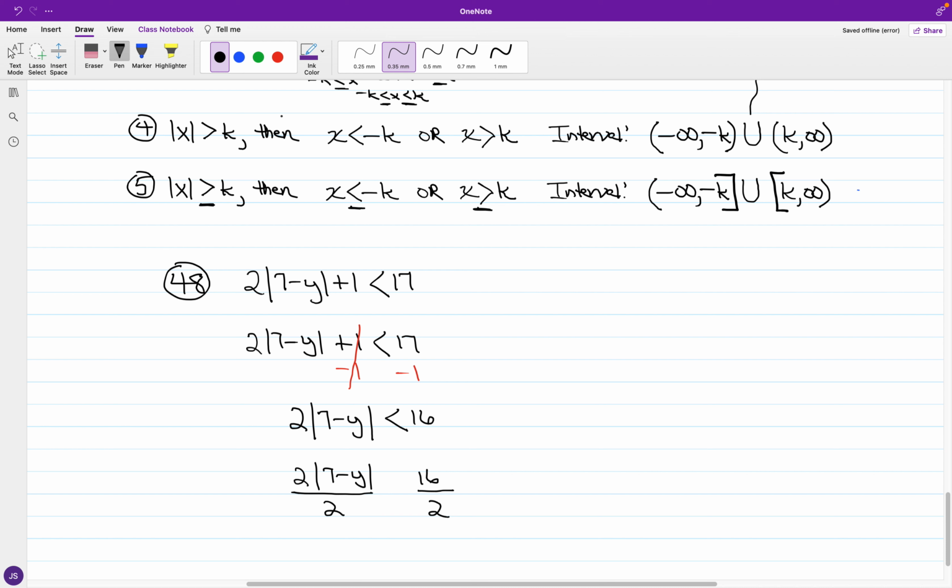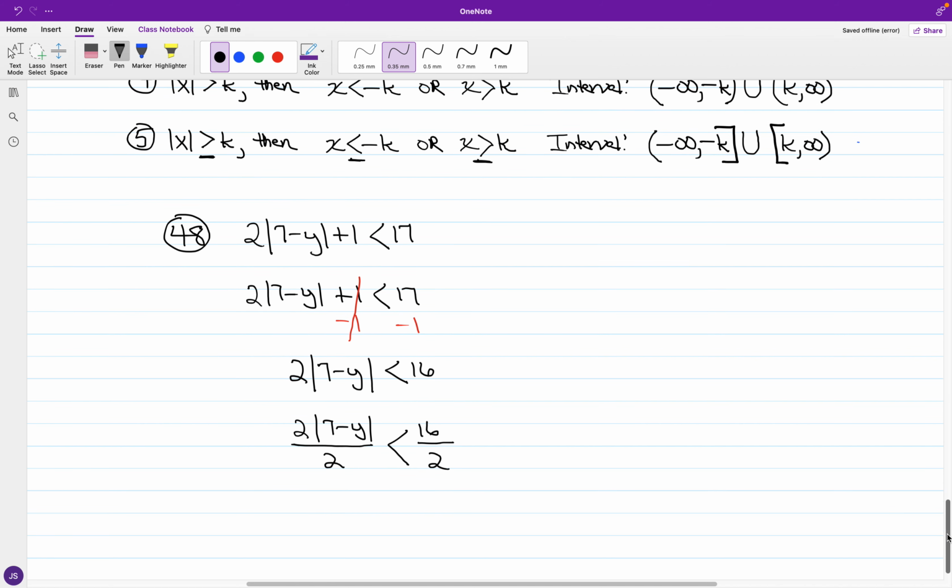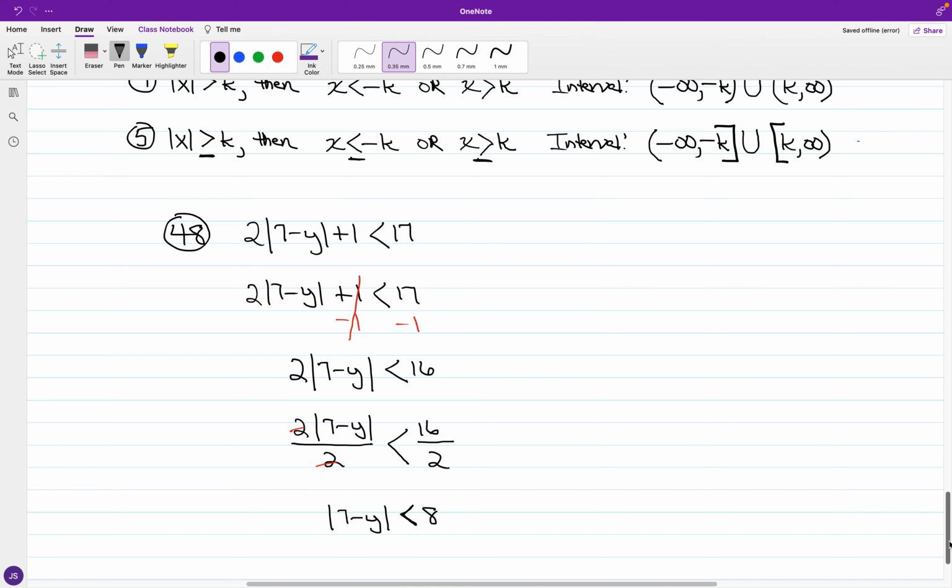Again we have division, not by a negative but by a positive, so the inequality remains in the mode of less than. Upon dividing, we are down to the absolute value of 7 minus y is less than 8.